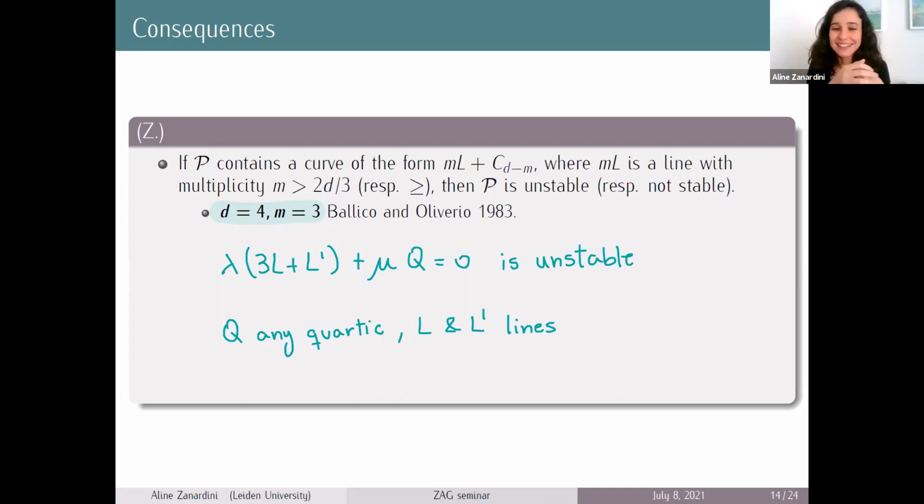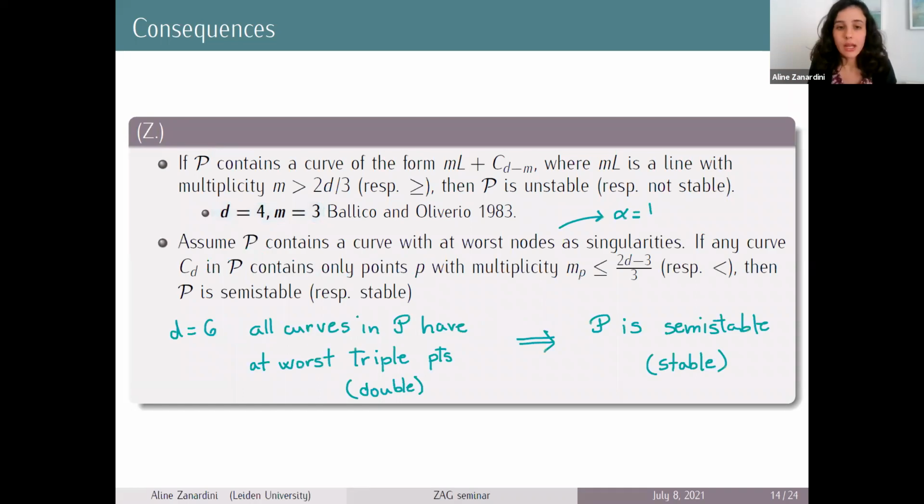They studied the stability of pencils of plane quartics. So what I'm saying is that you consider this pencil here of quartics, where one of the generators is a triple line plus another line, and you can take as the other generator any quartic. This pencil is unstable. Okay. And here is another consequence.